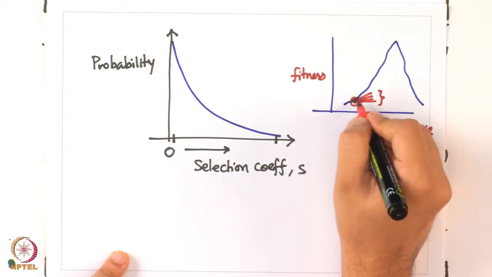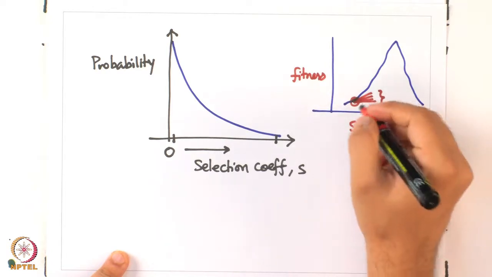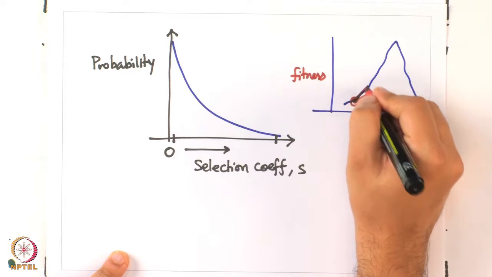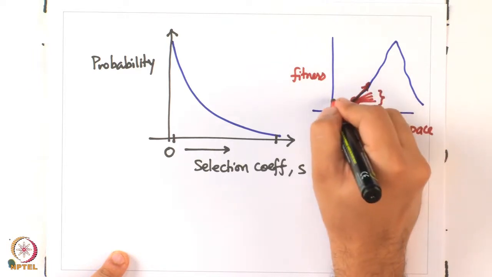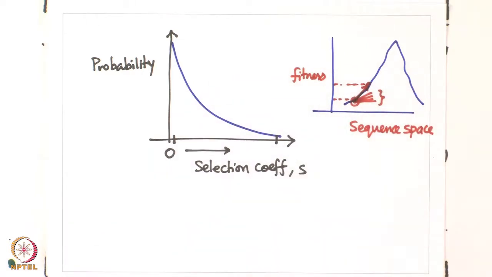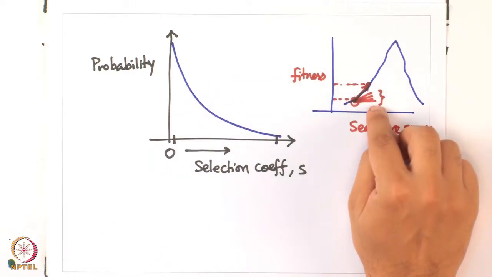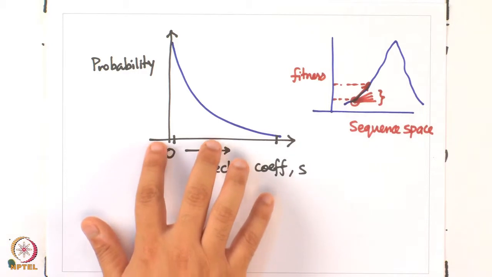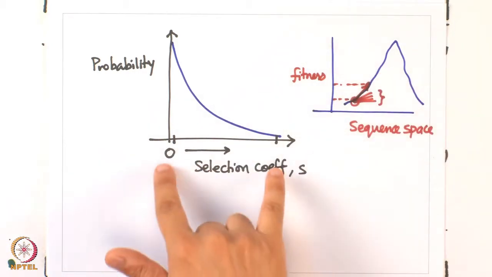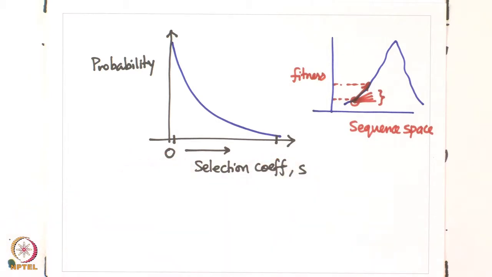All these mutations confer a relatively small benefit to the individual, but there is only one mutation which goes up the hill which confers a relatively larger benefit. So, there are more mutations available which confer a smaller fitness advantage, and fewer mutations available which confer a large fitness advantage, and that is essentially what is represented in the diagram.